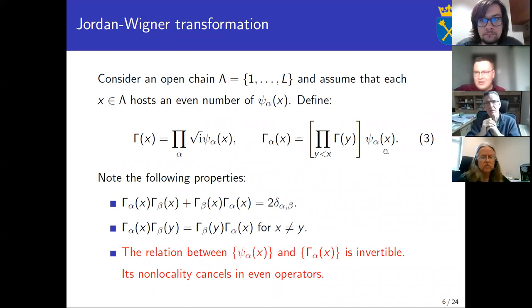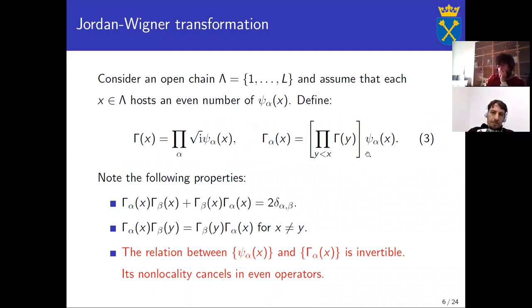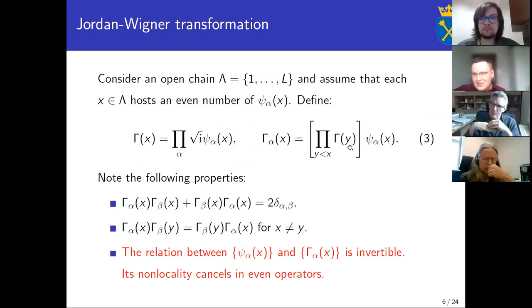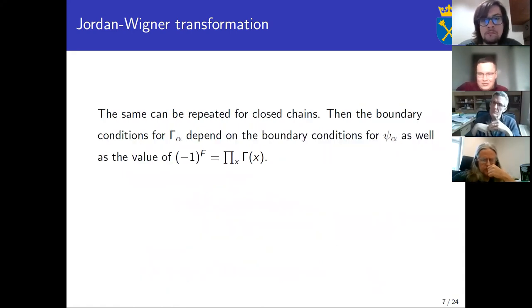It means that there is some formal symbol psi L+1, which is just identified with psi 1. But if you look at what gamma L+1 should be, gamma at the site L+1, it will involve not only this psi but also this whole string. This is the reason why this product of all these gamma operators comes up in the boundary condition.